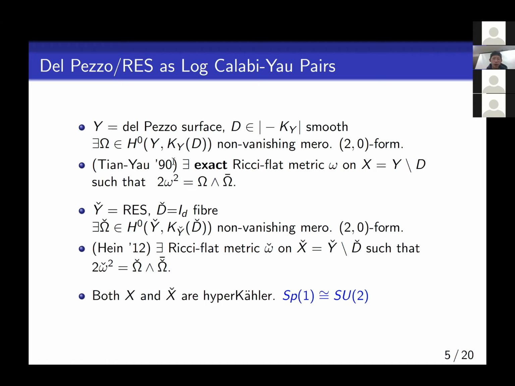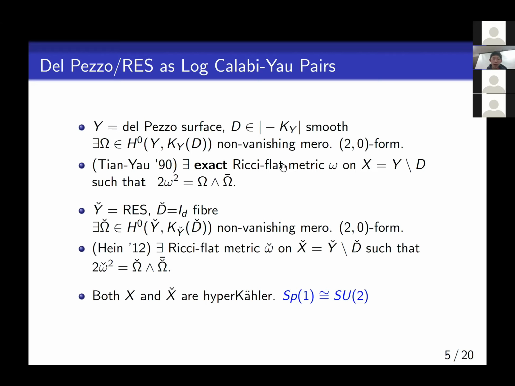Tian and Yau proved that if you start with a more general Fano manifold and a smooth anticanonical divisor, then on the complement there exists a Ricci-flat metric. It's a little bit weird because it's non-compact, and actually it will be an exact Ricci-flat metric.